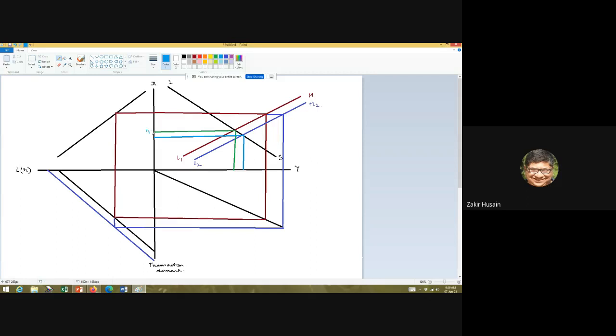So this is R1, this is R2, this is Y1, this is Y2, E1, E2.